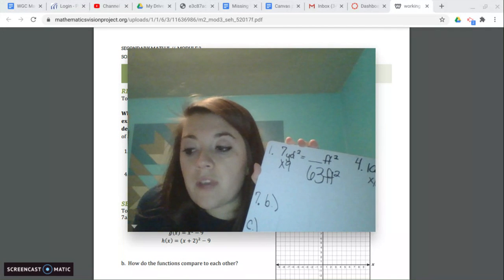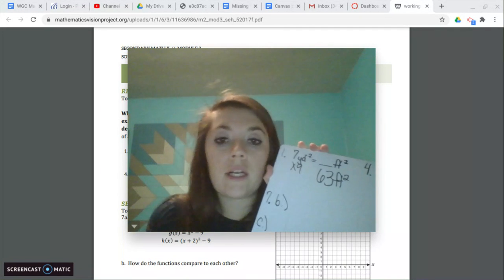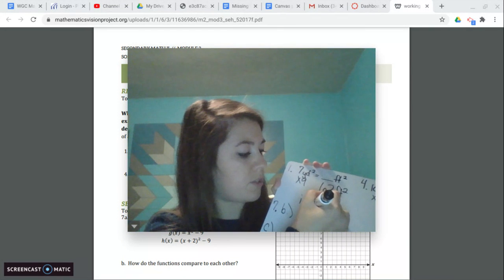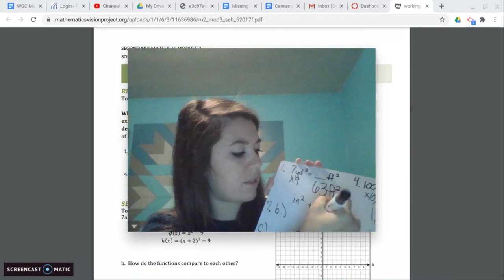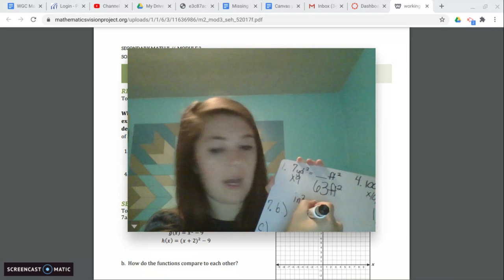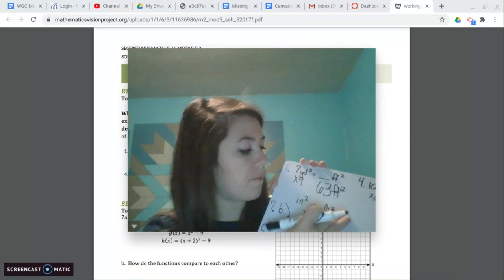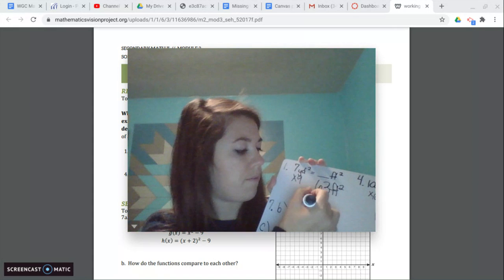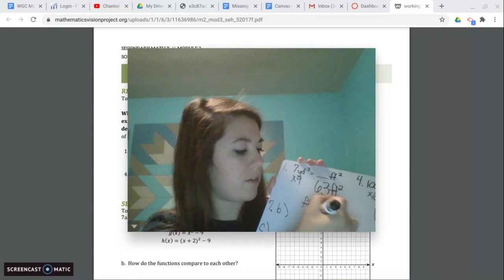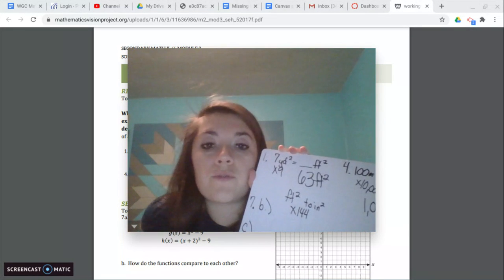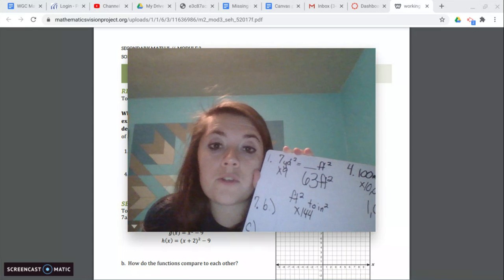Your inches to feet, just as a reminder, inches squared to feet squared is going to be times, feet squared to inches squared will be times 144, because for every foot there's 12 inches.